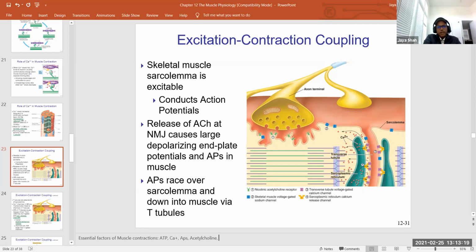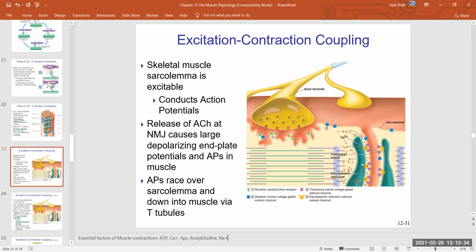What else? Sodium ions, yes. Potassium, good.